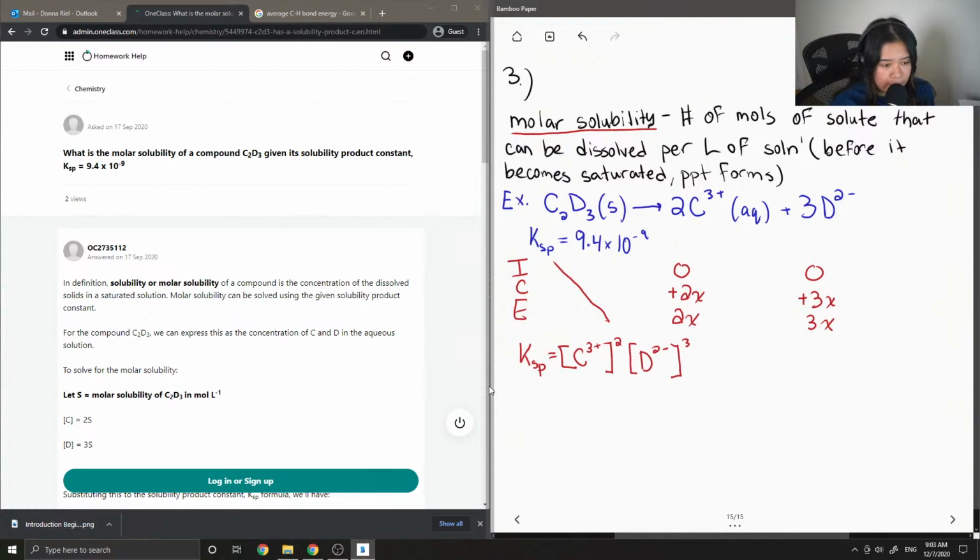Okay, so now we can plug in everything that we know. We know our Ksp value is 9.4 times 10 to the negative 9. And we also know the concentration of our C3+ should be equal to 2x, and this will be squared. And our concentration of D2- should be 3x, and this will be to the power of 3.